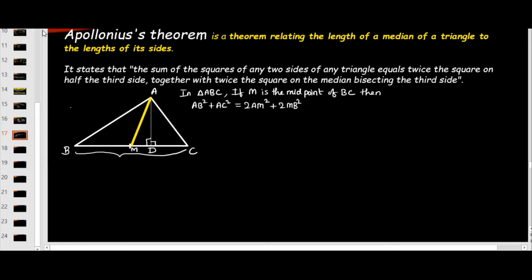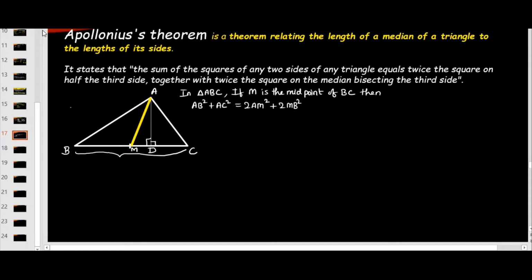This is what is written here in the statement. The sum of the square of any two sides. So any two sides is AB and AC. These are the two sides of this triangle. Square of that. That's why it is written AB square and AC square. Sum means addition. So the sum of squares of any two sides of any triangle equals twice the square on half the third side.